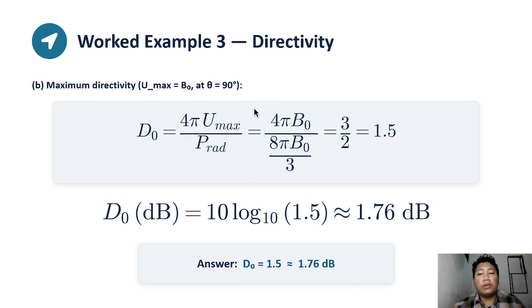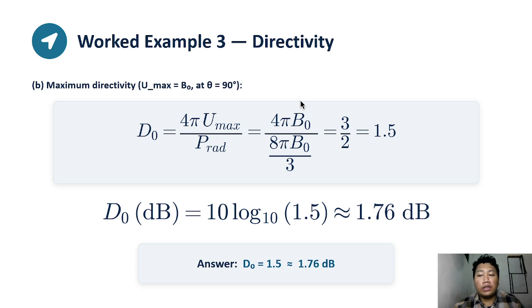Okay, it's still example number 3, but now part B is finding the maximum directivity. The maximum value of U here is B naught, which happens at theta equals 90 degrees. So we use our directivity formula, 4 pi U max over P rad.